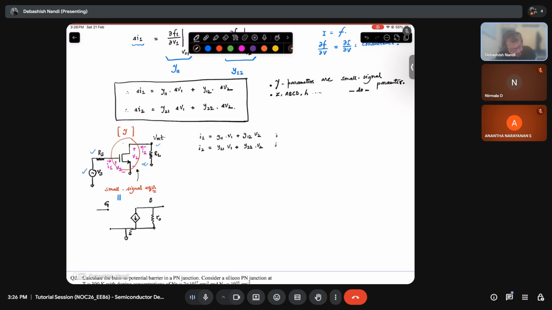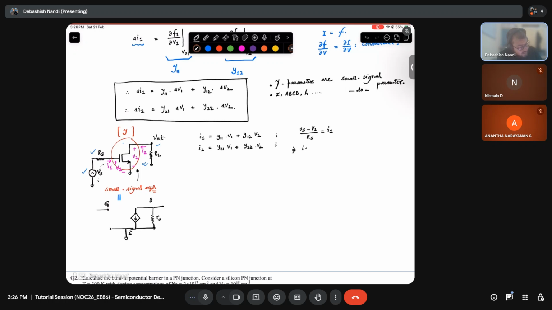Let's say if I just look into the input side, my Vs minus V1 divided by Rs gives me I1. Is that clear? Yes, sir.